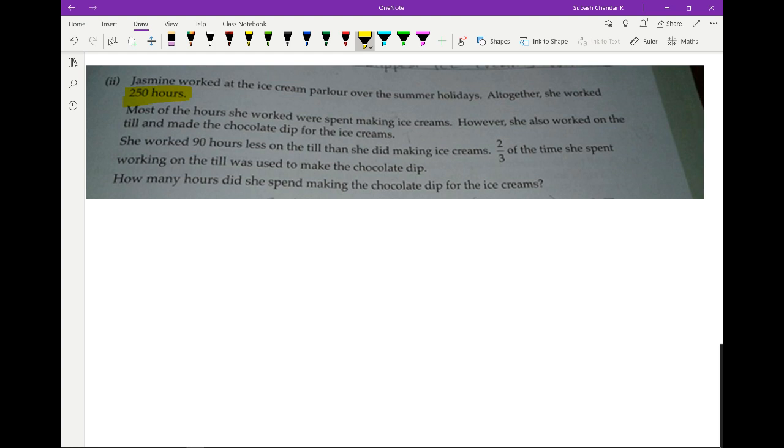However, she also worked in the till, which I'm going to put in a different color, and she's also spent some time making some chocolate dip for the ice creams as well.